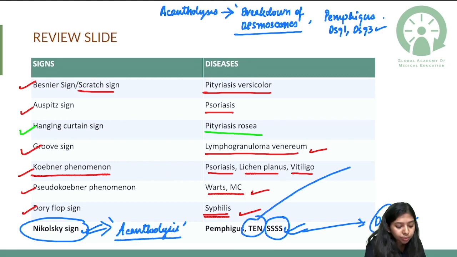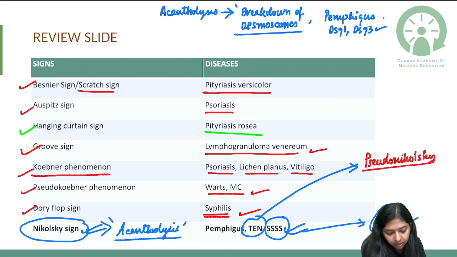In TEN you get a pseudo Nikolsky. Why? Because here there is no acantholysis, here there is necrolysis, here there is keratinocyte necrosis.